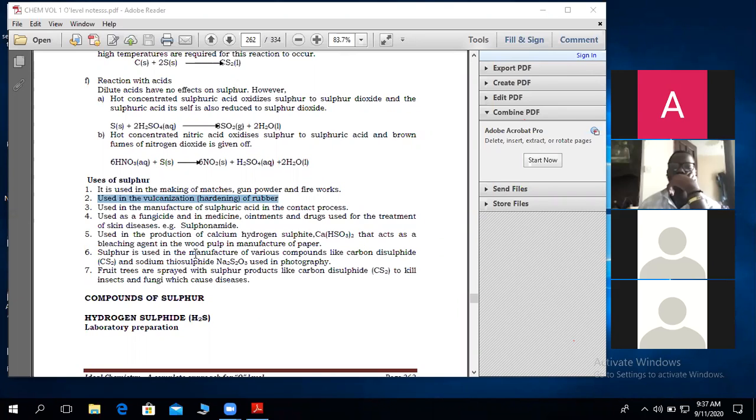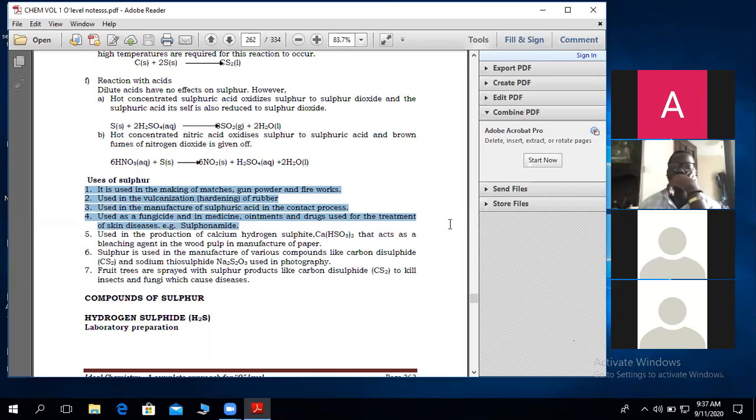It is used in manufacture of various compounds like carbon disulfide. But the most important uses are here: making matchsticks, vulcanization of rubber, and manufacture of medicine. Most medicines are made with sulfur. So these first four are very, very important.